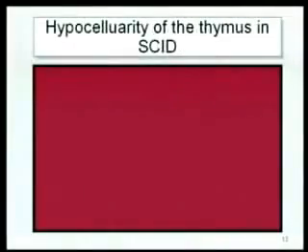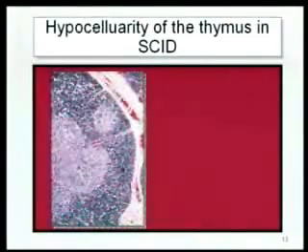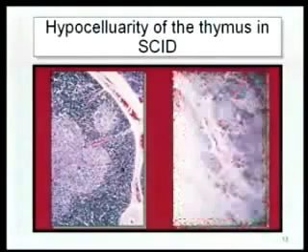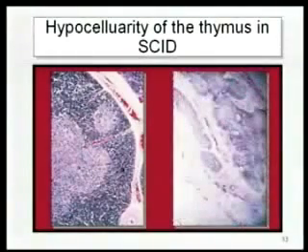Now, there are a few of those. What organ might this be? Thymus, it says there. One of the lobes of thymus. As you can see, the lobes of the thymus are filled with cells, and they have a particular structure, whereas the severe combined immunodeficiency thymus is characterized by lack of cellularity.